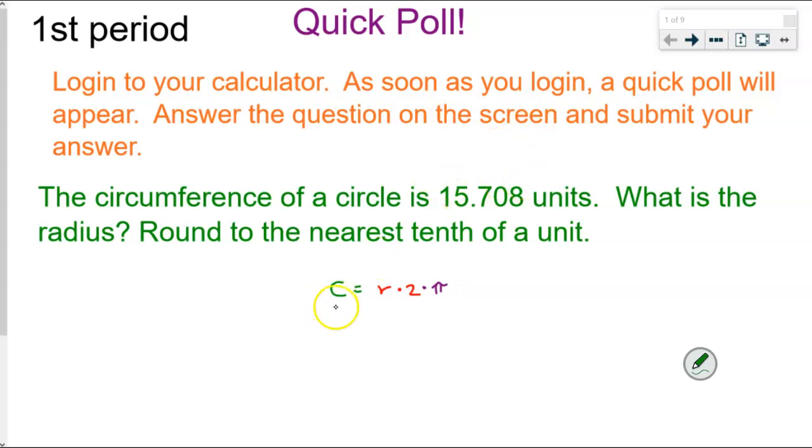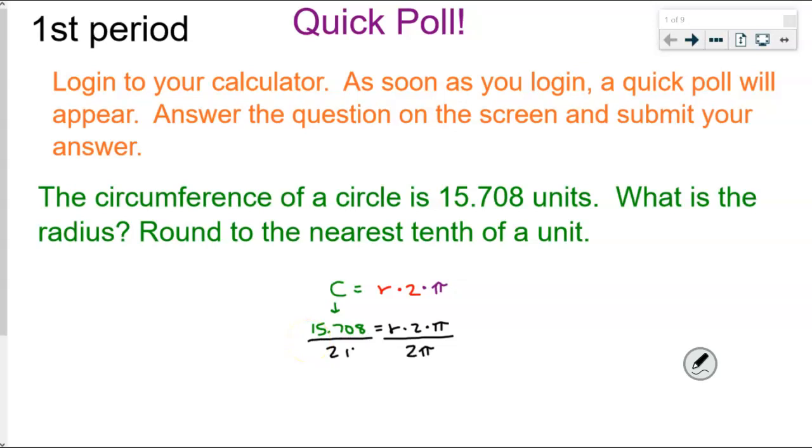Since I know the circumference is 15.708, I can just solve this equation. 15.708 is equal to the radius times 2 times pi. Since ultimately I'm trying to get the radius all by itself, I'm going to undo what's happening to that radius. The radius is being multiplied by 2 and by pi, so I'm going to divide by 2 and pi at the same time.